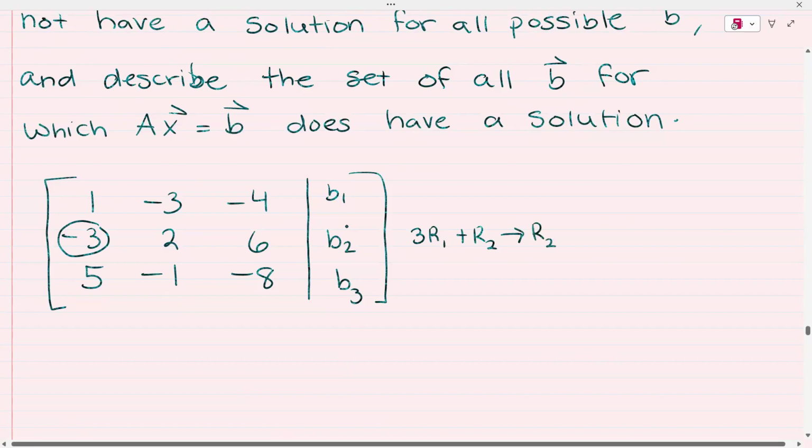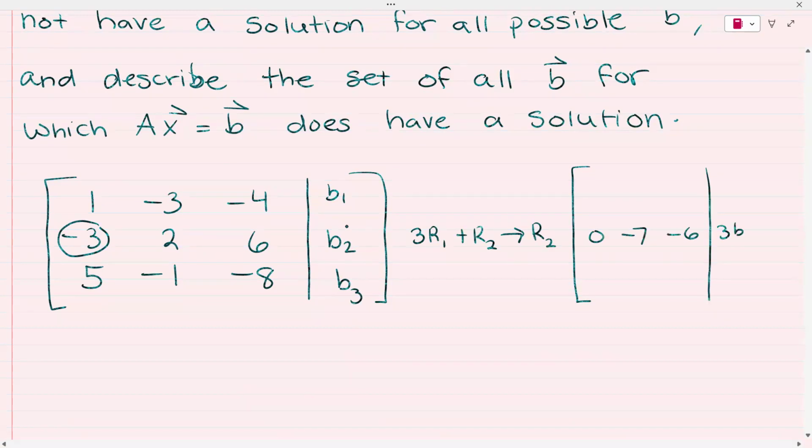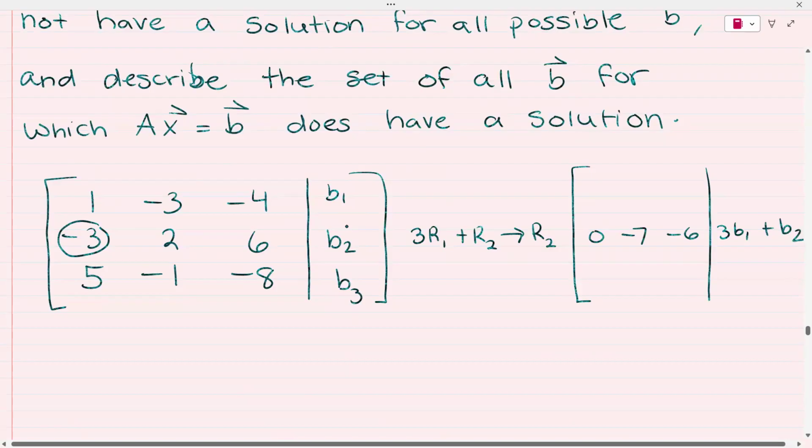You can pause the video to do the work, but you do get 0, -7, -6, and then this would be 3b1 plus b2. And then over here, this stays the same. So 1, -3, -4, b1, and then you have 5, -1, -8, and this is b3.